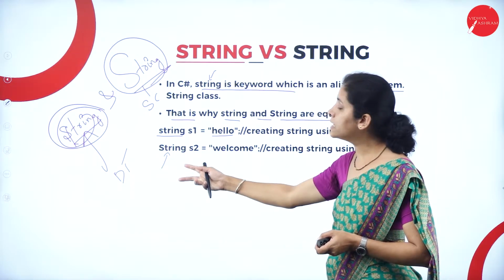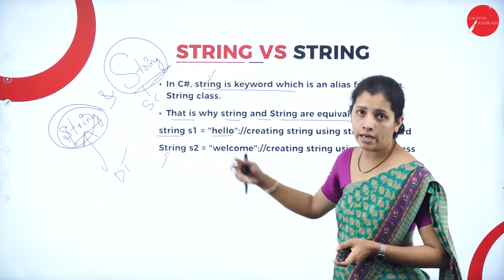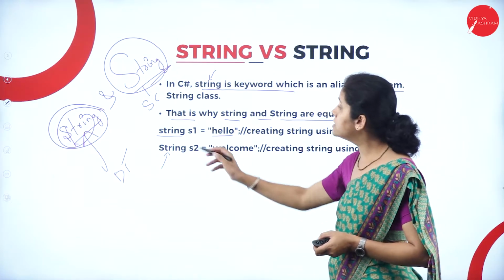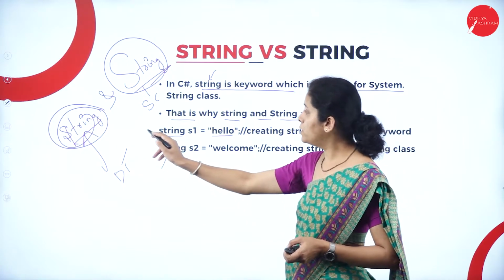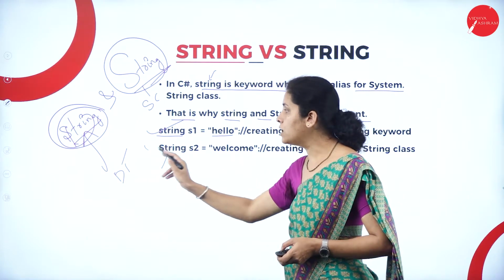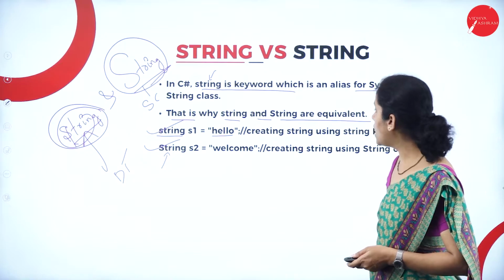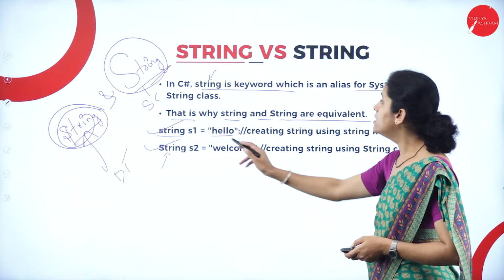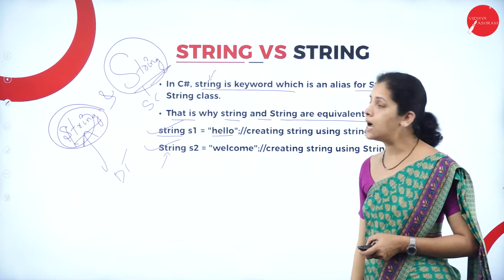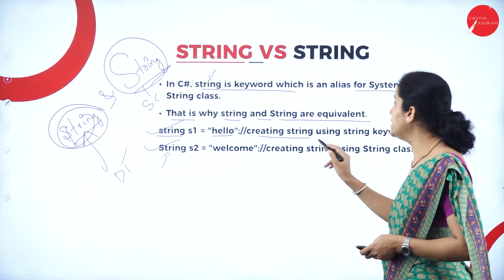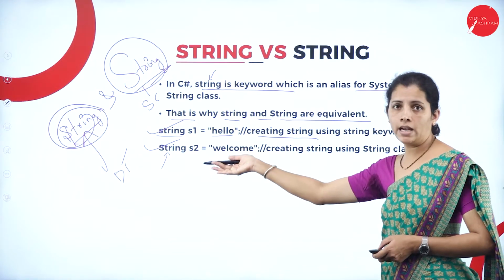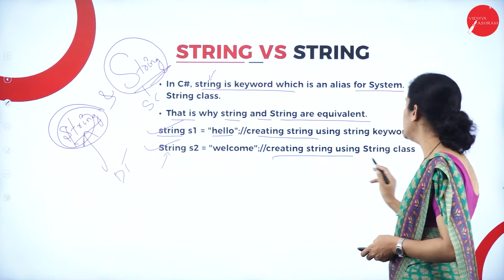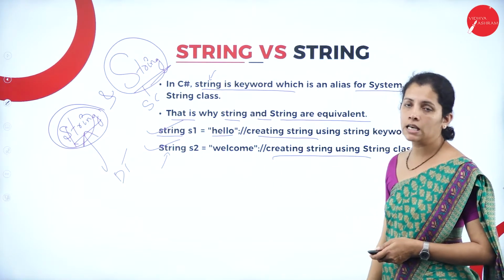So, both the declarations are correct, because this is nothing but the aliasing. Either I can use this method or this method. Both are the same. Here, the first example is creating a string using the string keyword. But the second example is creating a string using the String class.